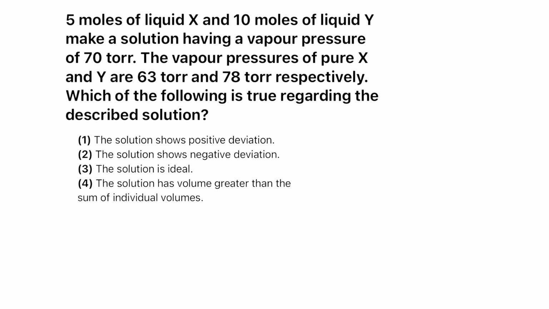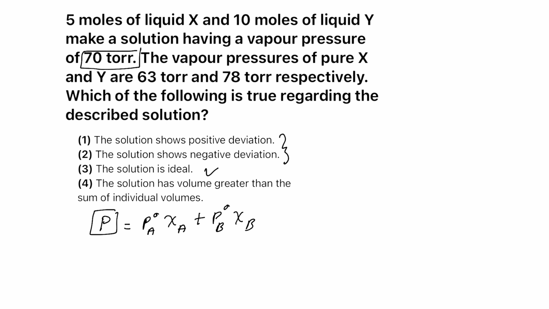Okay, what is the equation? Total vapor pressure is equal to PA° χA plus PB° χB. Okay, and this is for an ideal solution. But here we don't have an idea whether this is ideal or non-ideal with deviation. We don't know. So you cannot use the 70 torr as total pressure.